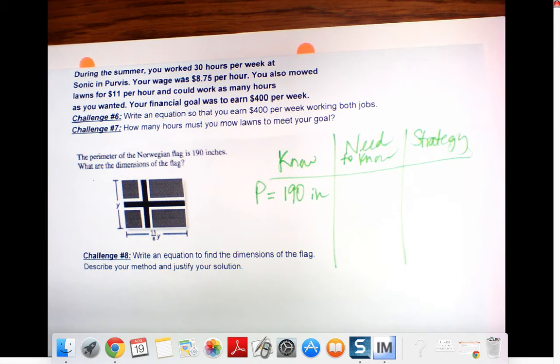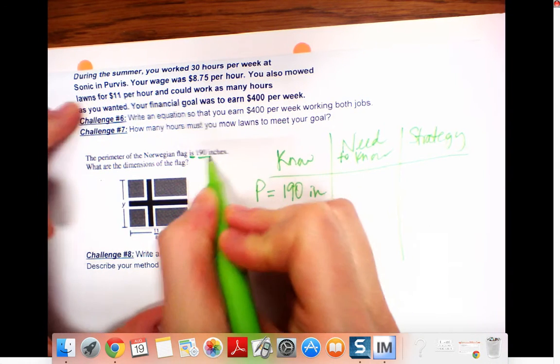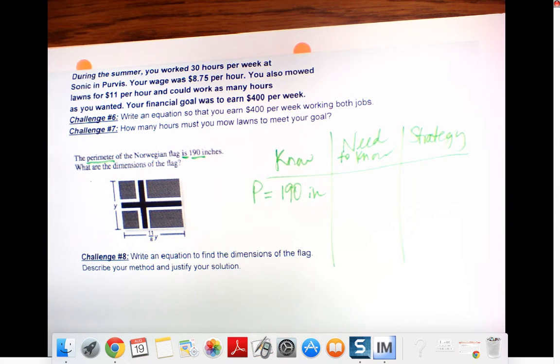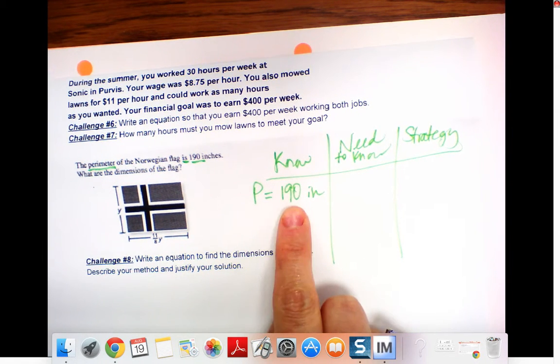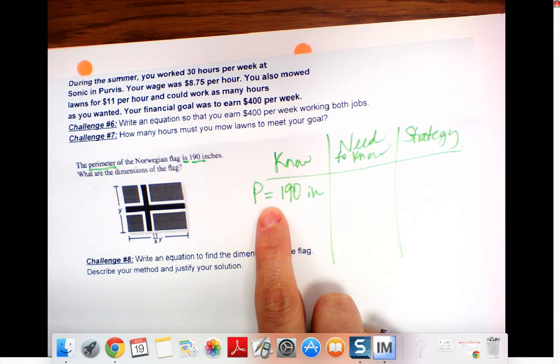Whenever we see a mathematical concept such as perimeter in a problem, and we see the word is and a number, you can go ahead and translate that into an equation. This is an equation, P equals 190. This says perimeter is 190 inches. So that actually helps to see that this will be part of your equation.